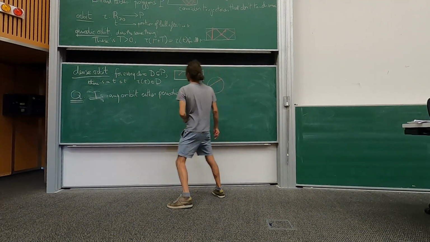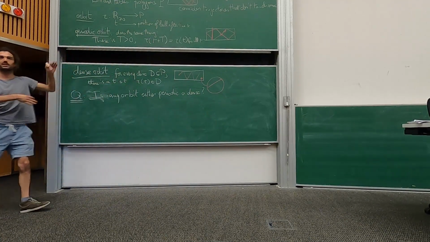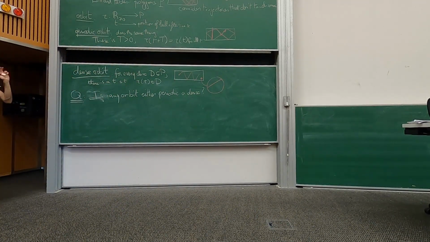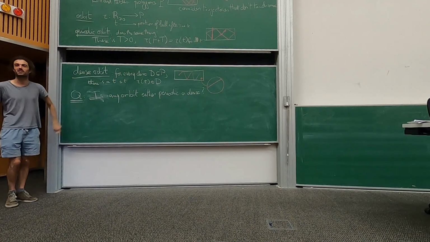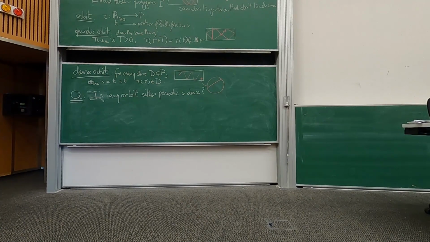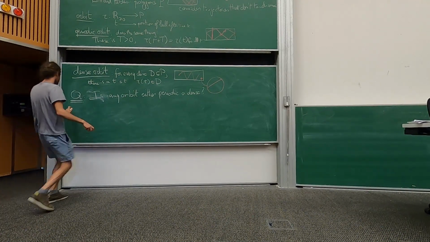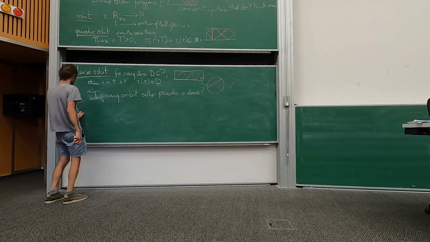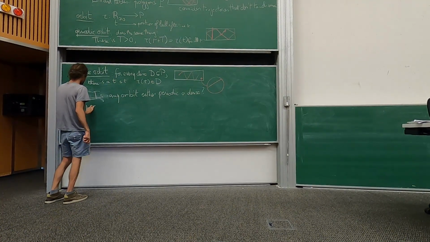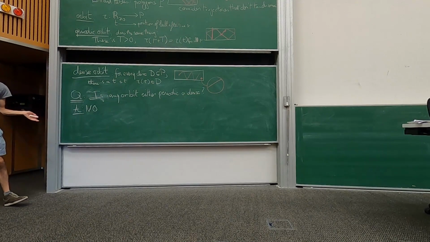Those two cases are opposites, and I'm asking if there is some intermediate thing. What do you think is the answer to this question? No? I would say no also. So the answer is no. There are intermediate things.